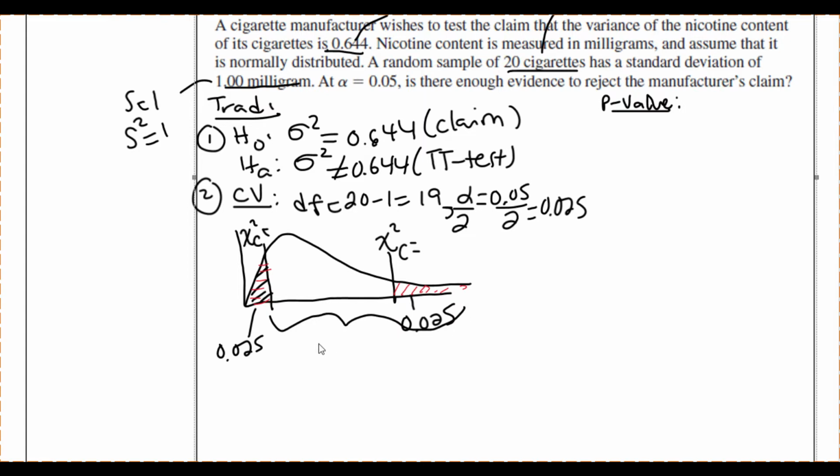So that means we need to do 1 minus 0.025, which is 0.975. So when we look up the critical on the left, we need to look up 0.975. If we do the one on the right, we just need to look up 0.025 since that's the area on the right.